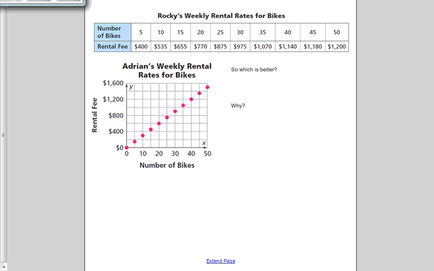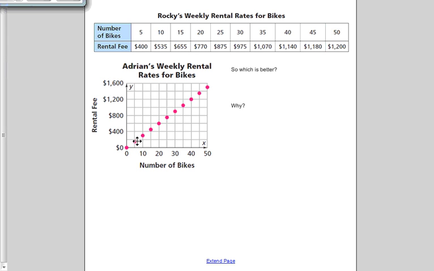All right, so let's go into the comparing part of it. Which is better? Which would we want to rent from? It seems like Adrian's starts off low. Rocky's charges us an upfront of, well, not 400 bucks, but that's pretty steep. We found out that Adrian's only charges us 150. So if we wanted to rent 5 bikes, Rocky's is going to charge us 400.